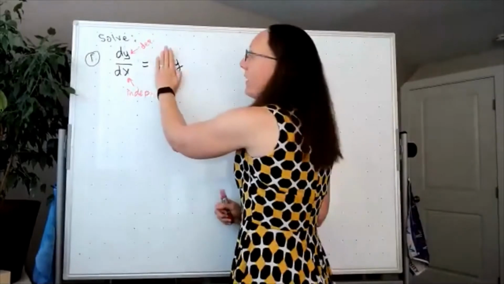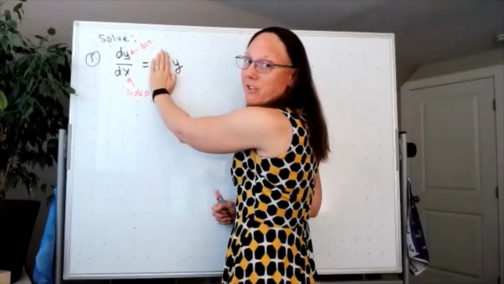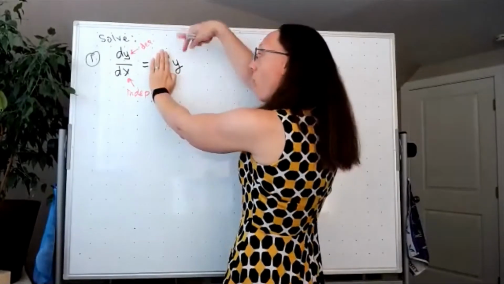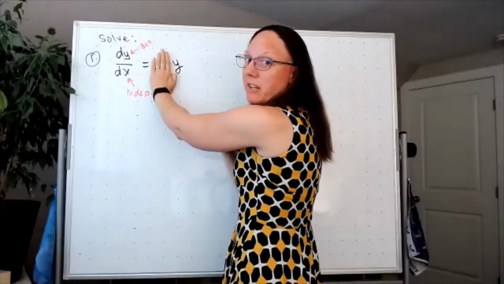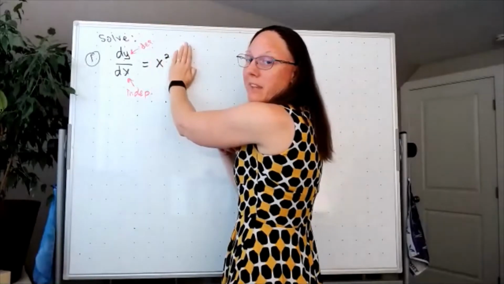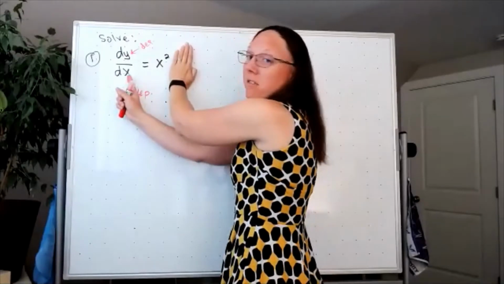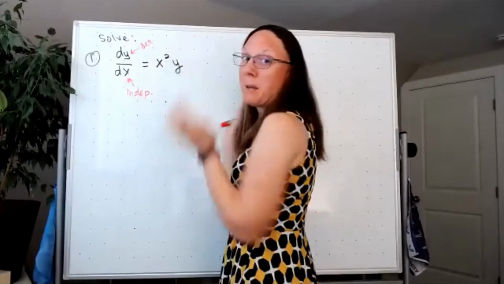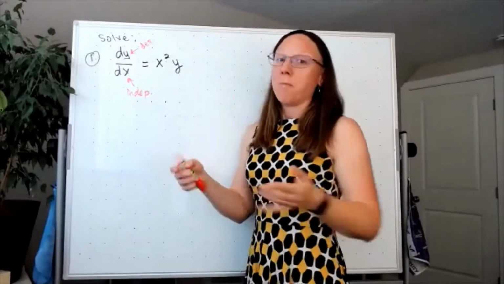If I covered up the x squared, this is now considered an autonomous differential equation because it only involves the letter on top of my derivative. If I covered up the y, it would be a pure time differential because it only involves the letter on the bottom. But as it stands, this thing is non-autonomous.